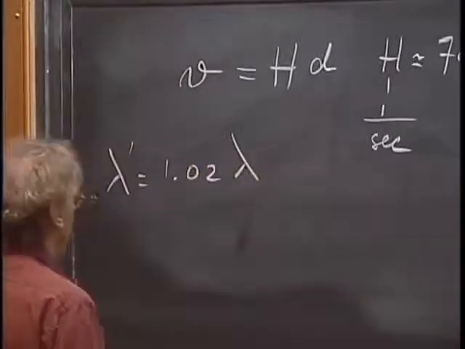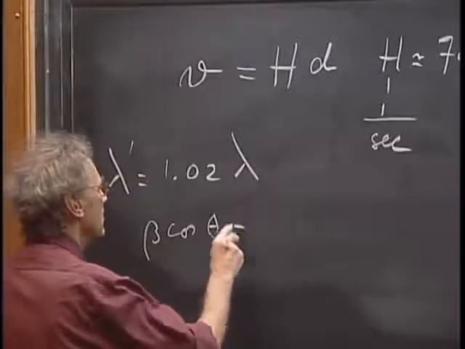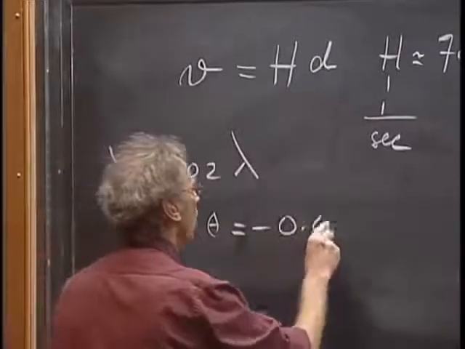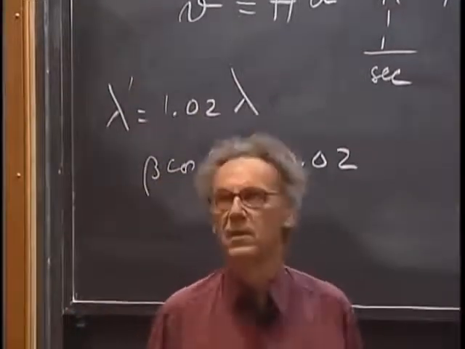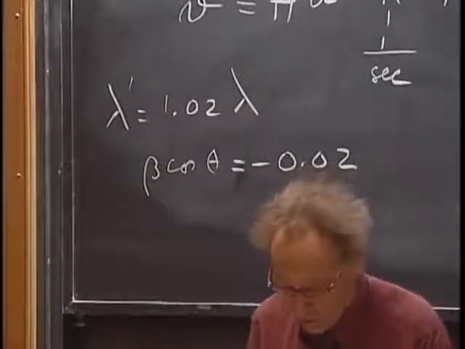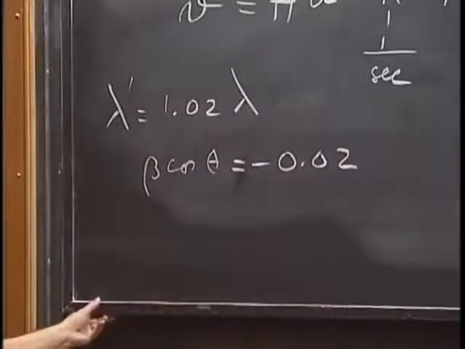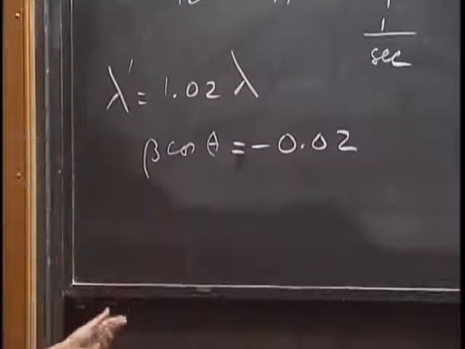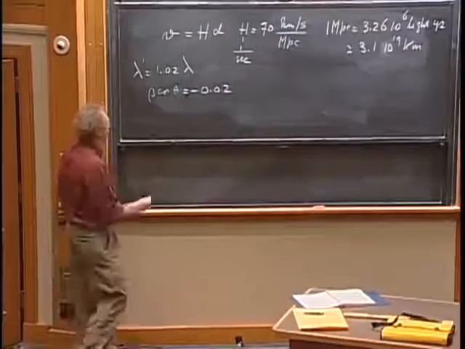So you can measure that beta cosine theta is then minus 0.02. I carry that minus sign because I gave you the Doppler shift measurement in the form that I want you to use. We don't even think of that minus sign anymore because it's always receding, but I carry the minus sign.